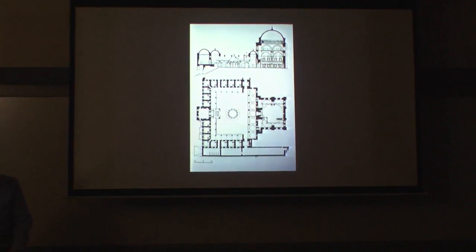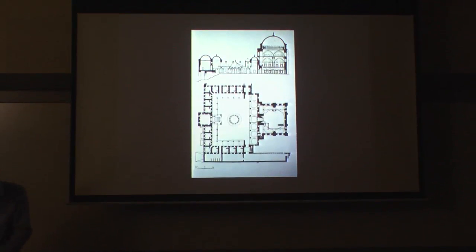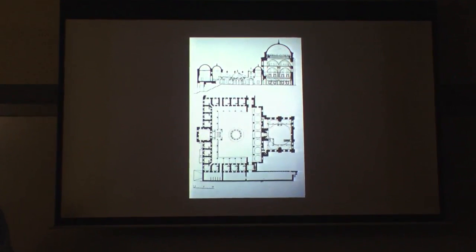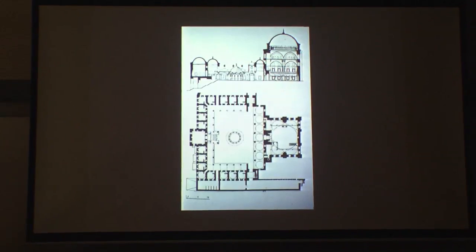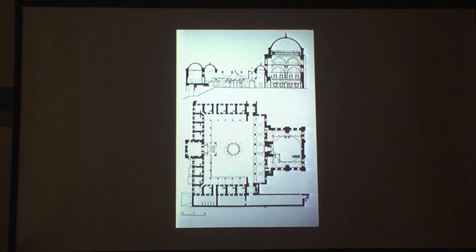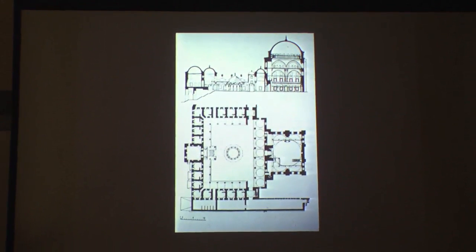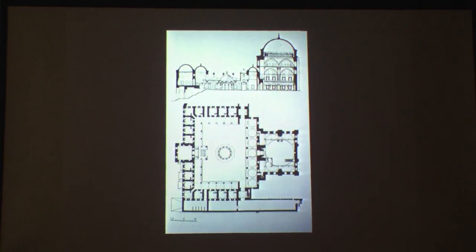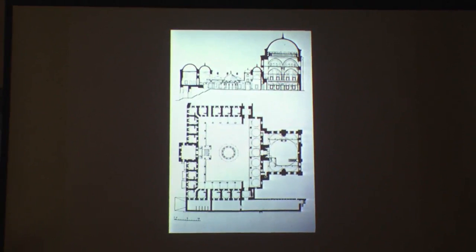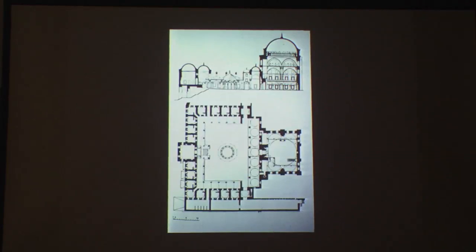And the last of the three was built for another Grand Vizier, Sokollu Mehmed Pasha, also married to a daughter of Suleiman. And in fact, it was really built by both the daughter and by Sokollu Mehmed Pasha. Or rather, she was the daughter of Selim II, not of Suleiman.